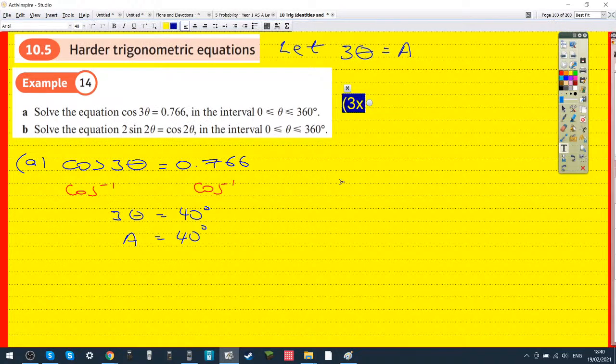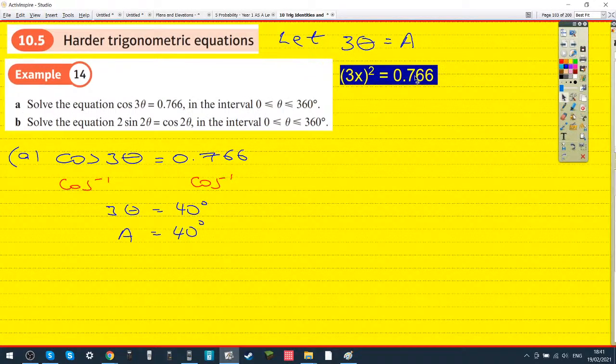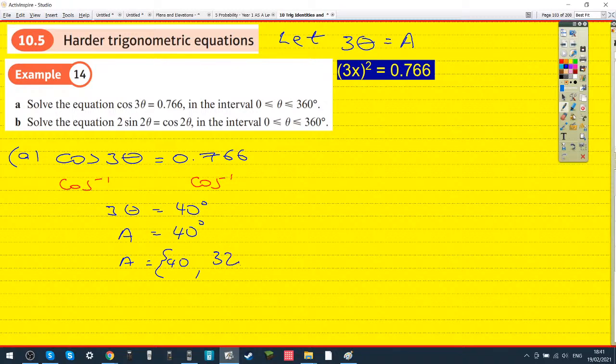So 40 degrees, and it's cos, so it's 360 minus 40, so 320. I think that's all the solutions, isn't it? Yeah. So A equals 40 or 320.